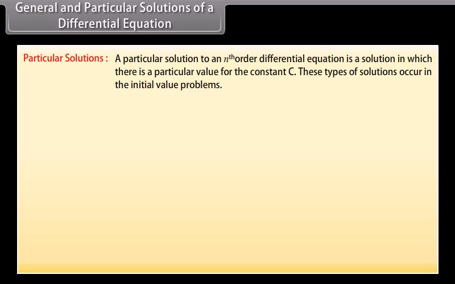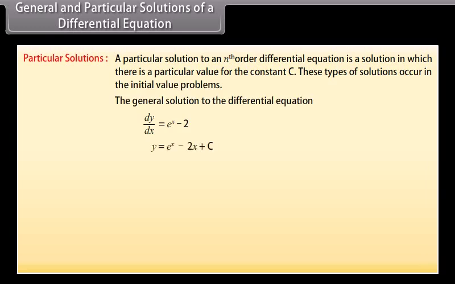These types of solutions occur in the initial value problems. The general solution to the differential equation dy by dx equals e raised to the power x minus 2 is y equals e raised to the power x minus 2x plus c when y0 equals 3.